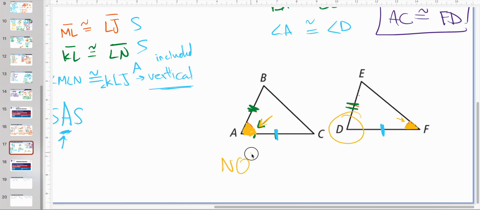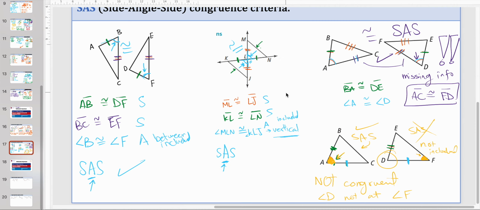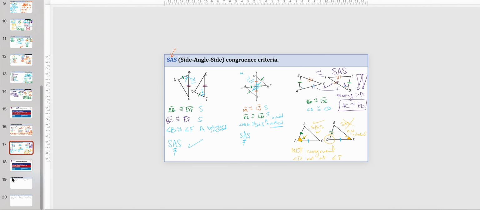They are not congruent. Why? Because the angle should be at D, not at angle F. Here it's not included, so it doesn't follow side angle side rule. Here it follows, but here it does not follow side angle side rule. Here it follows. Okay, that's it. So we're done with the first lesson.